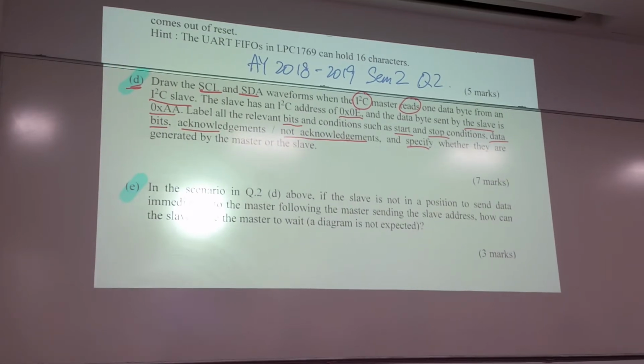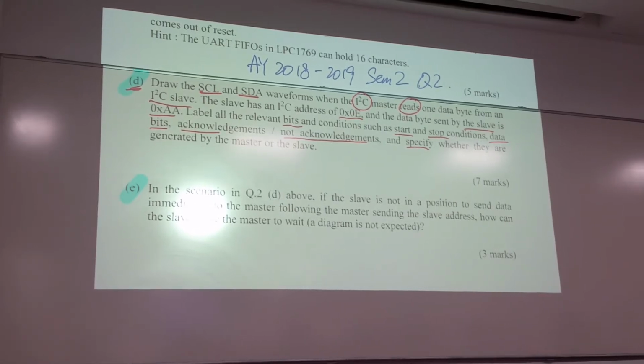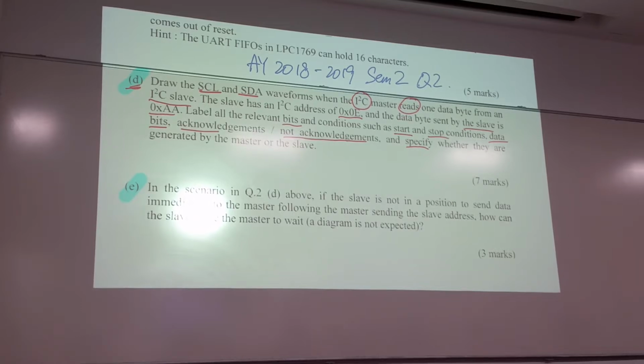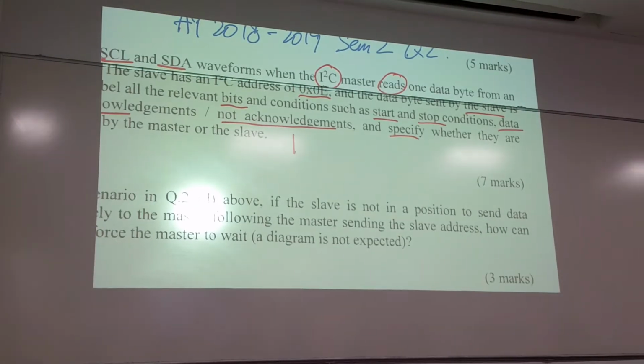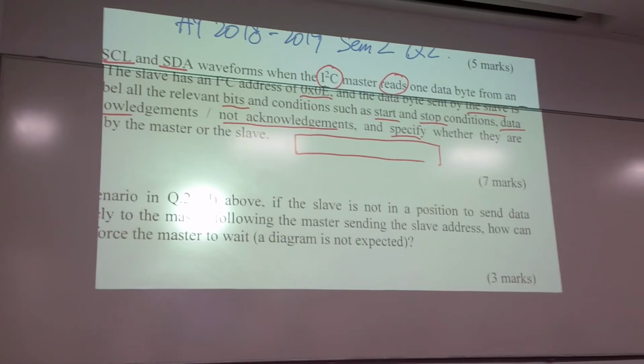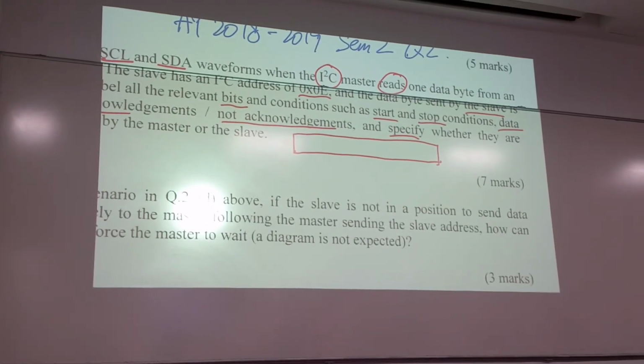So what is the first task you need to do there? Before you actually draw the waveform, you need to firstly understand how many bytes are transmitted in the channel. Remember in the tutorial we drew a graph like this.